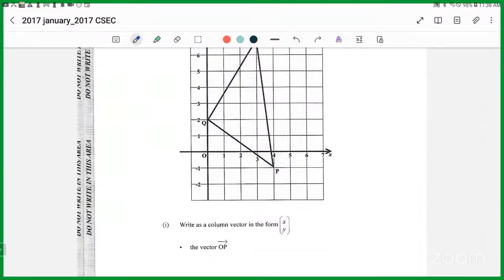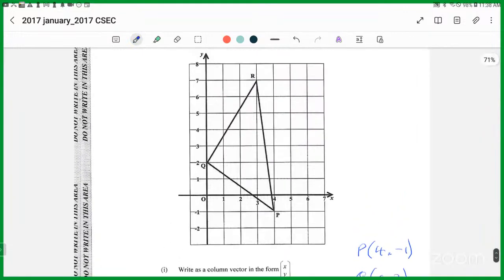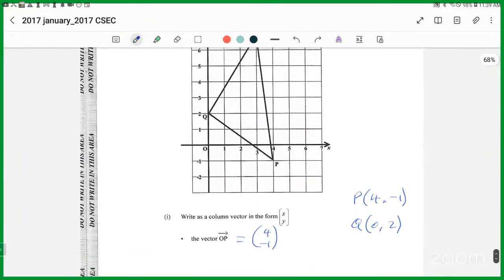Now, P is the point right here, (4, -1). So OP is going to have the same values in column vector form. So that's (4, -1). Q is (0, 2). And R is (3, 7).